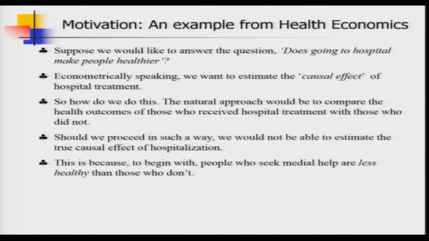But if we actually follow the procedure that I listed under the third bullet point, then we will not be able to estimate the true causal effect of hospitalization, and this is because to begin with, people who seek medical help are less healthy than those who do not.